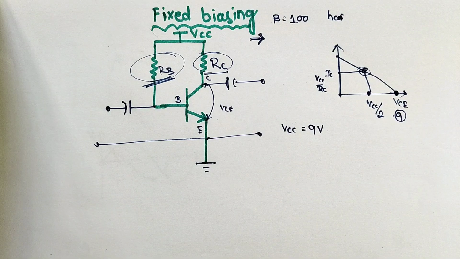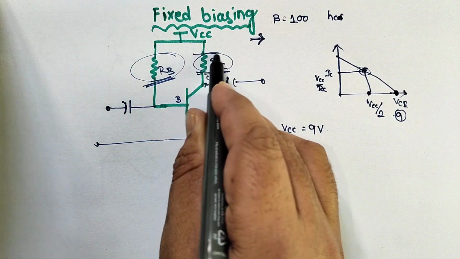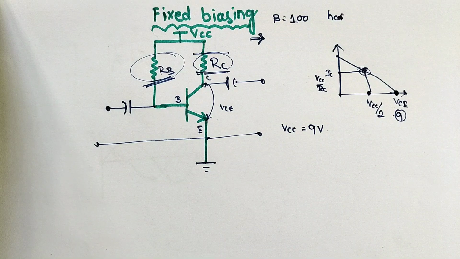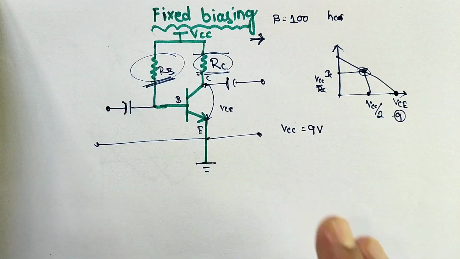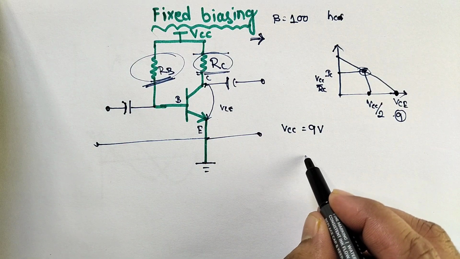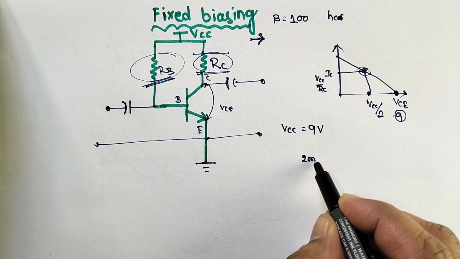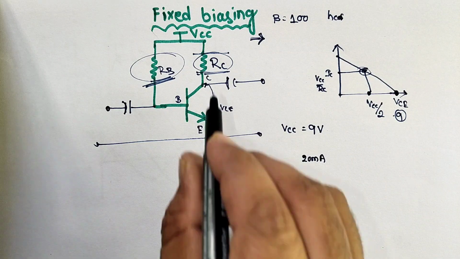First we need to find what the RC value is. For the RC value, we first decide what the current requirement is. Suppose our circuit requires 20 milliampere. For the 20 milliampere, we need to find this RC value.